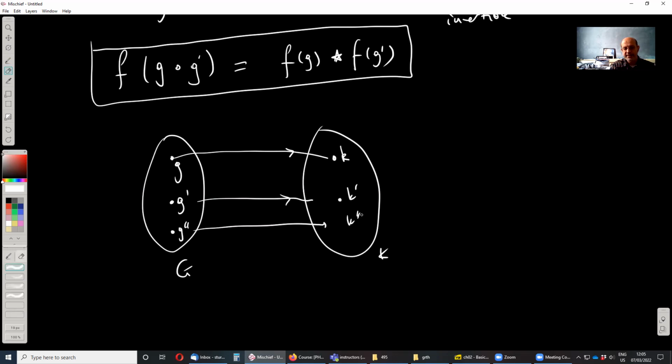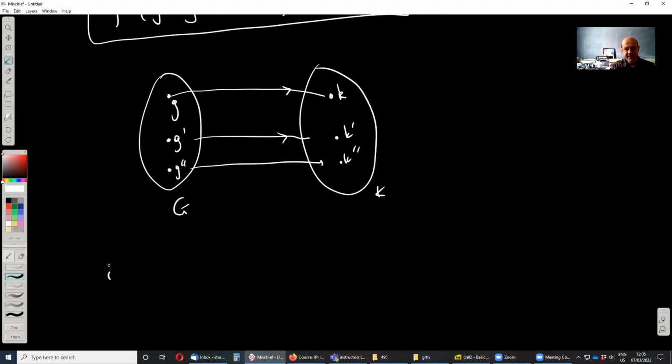What I'm saying is that if G operation with G prime gives me G double prime, sorry, it's not just if, it is if and only if. The implication is both ways. If the group operation on the set K gives me the same group operation here.